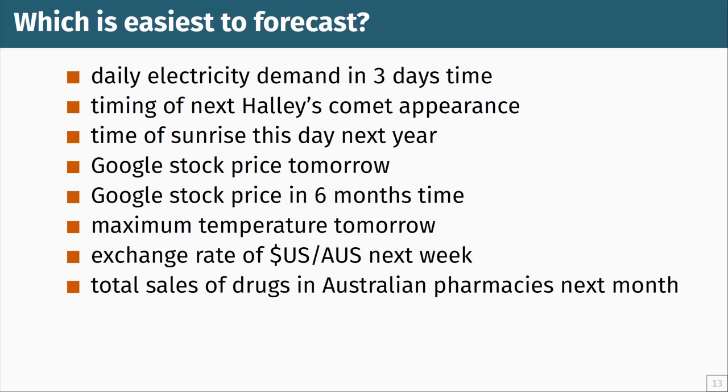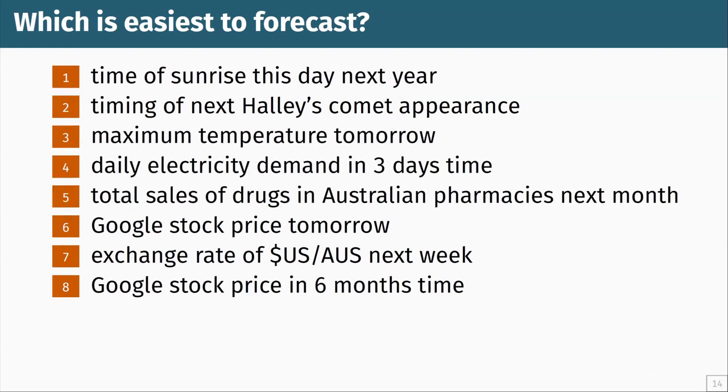So how would we order them? If I was doing this in a class, I'd let you all come up with your own order and then we'd compare them. But let me just skip that and go straight to what I think is a good order for these. And that's like this.